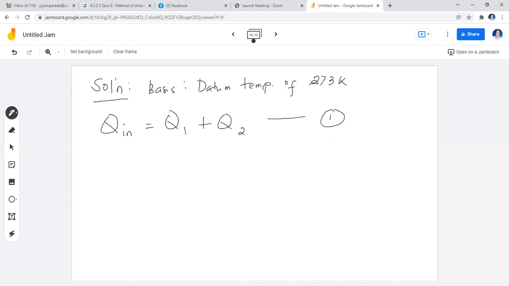So Q1. We're talking about the energy content of the air that enters the dryer. That air is composed of, of course, dry air and the water vapor that it contains, because there's no such thing as 100% dry air. So you go back to what you've learned in thermodynamics in terms of accounting for the energy contents of substances.